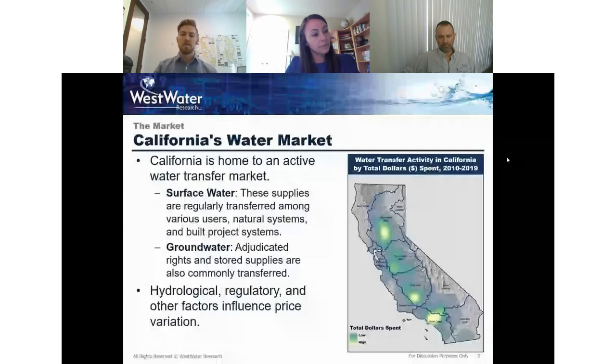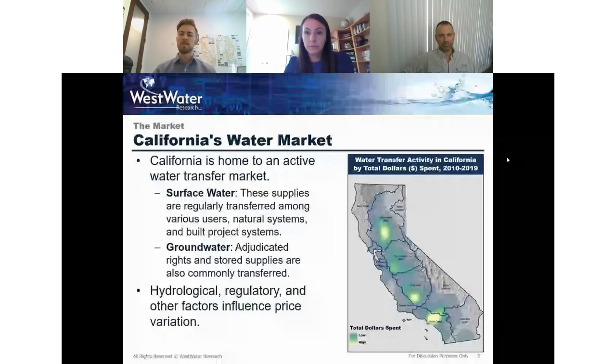One of the things that we do across the Western U.S. is track water markets and track water transfers from state to state within local, regional, and multi-regional markets. This research allows us to get a better understanding of what the price is and who the participants in this market are, and advise our clients accordingly.